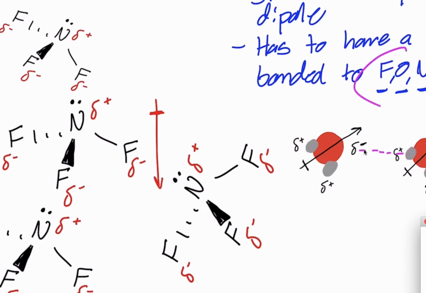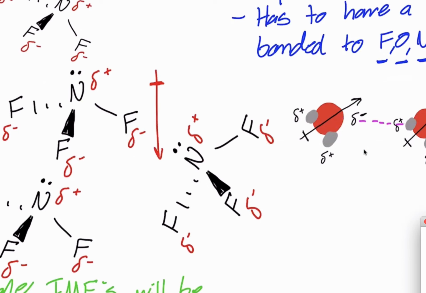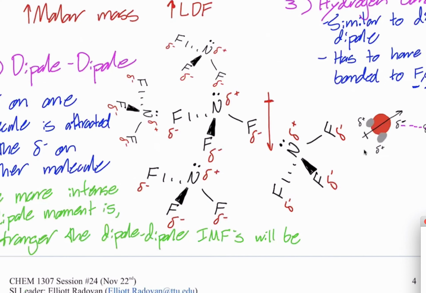If there is not a hydrogen bonded to one of these elements, you cannot have hydrogen bonding whatsoever. It's not possible. Another example where this could happen is NH3. The example here was NF3, so that would only be dipole-dipole, but if we had NH3, then this molecule would be able to have hydrogen bonding.